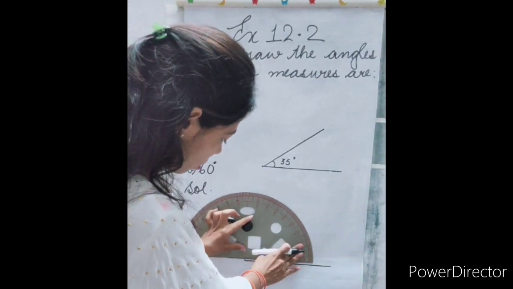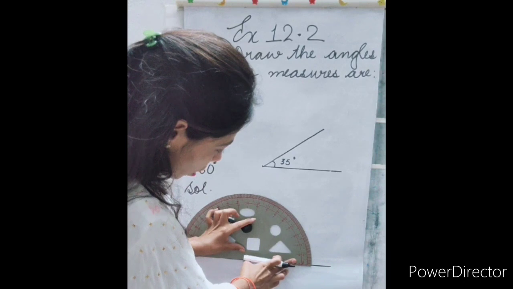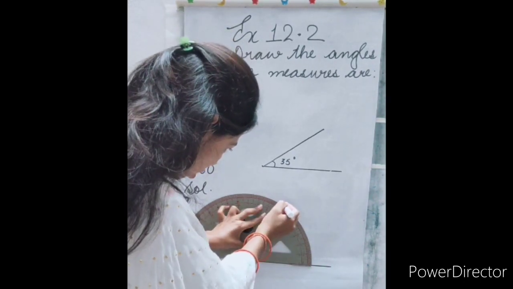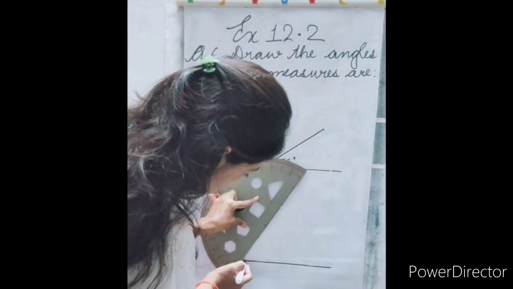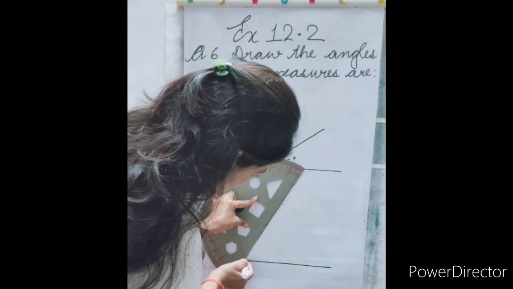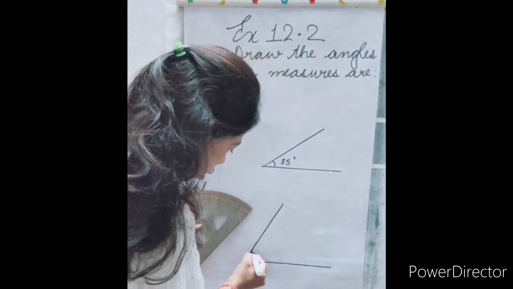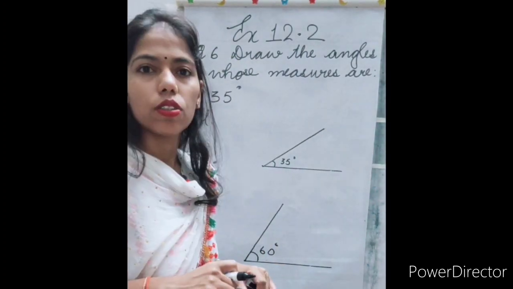Then we have to make 60 degrees. So we will place 0 here and the point of 90 degree here. Then we will count. And here is our 60 degree. Let's just join these 2 points. Here is our 60 degree angle.